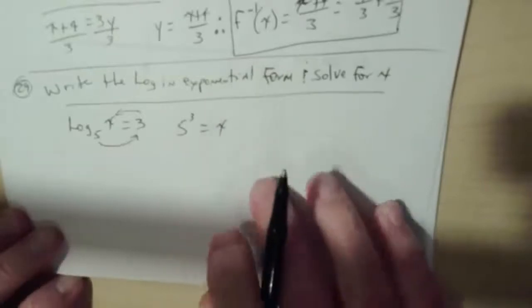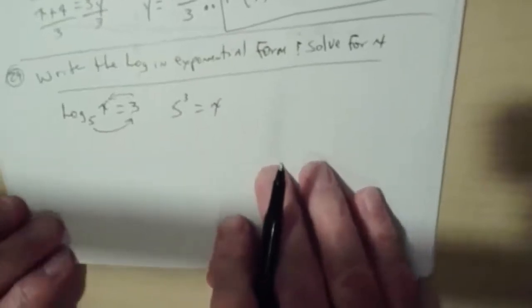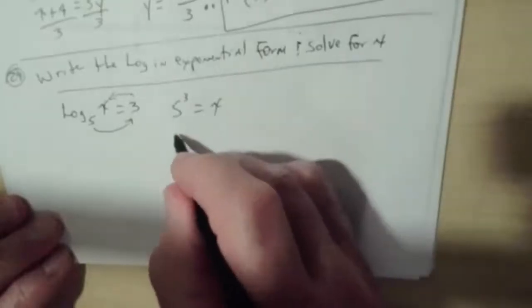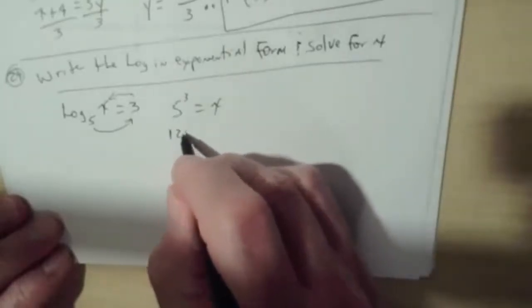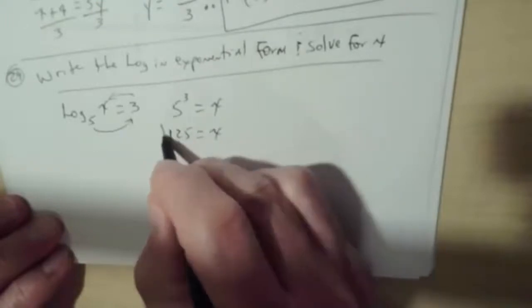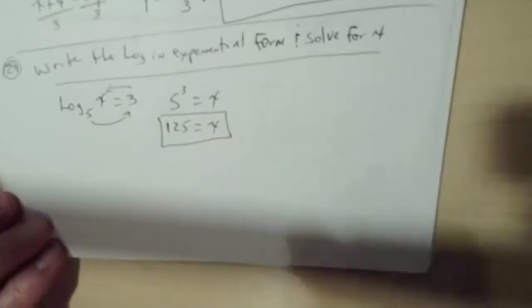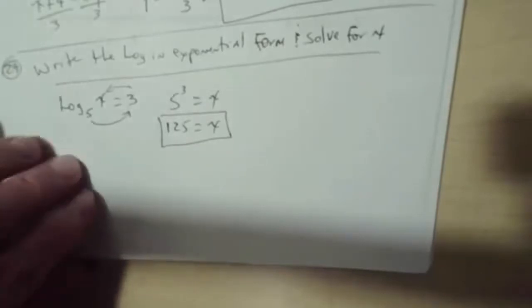Okay, and 5 cubed is, what was it, 125, I think. 5 times 5 times 5. And that's all there is to that. Very simple.